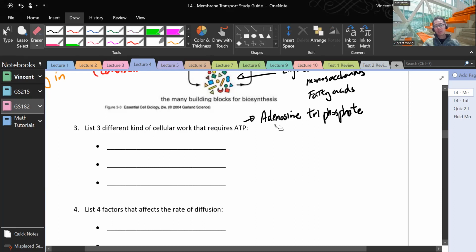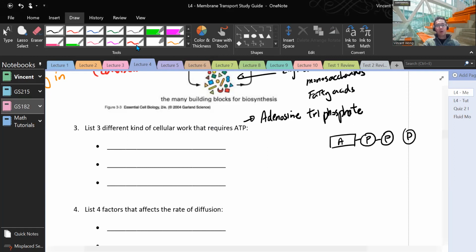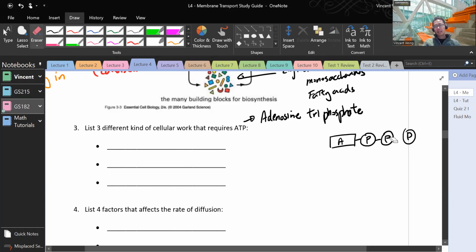So adenosine is like the adenine in DNA, right? And so we'll call this the adenine, and it has 3 phosphate in it, P, P, P. And the bond that connects the last 2 phosphate is a high energy bond. Okay, that's a high energy bond.